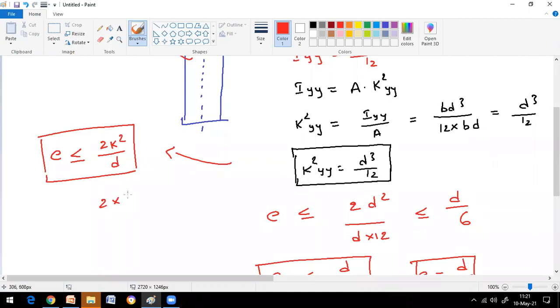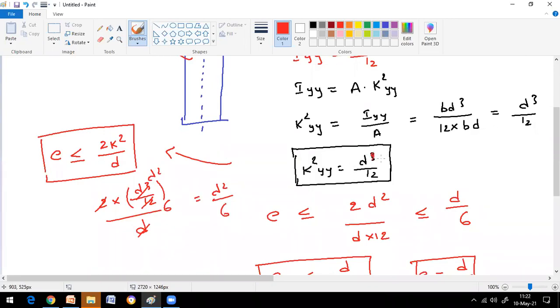Two into k square, what is it? d cube by 12... by d, right? Six times d square by 6. Sir, k square equal to d square by 12. Sorry sir, k square is d square by 12.